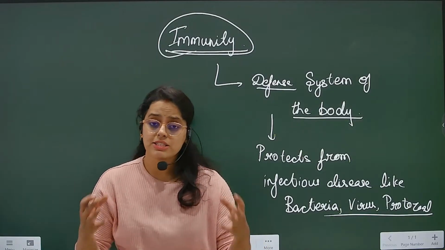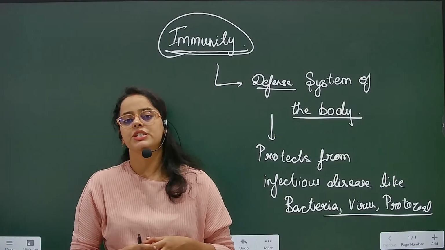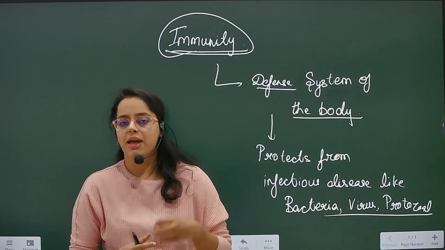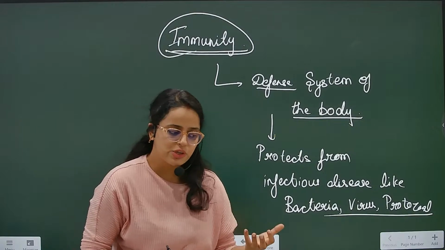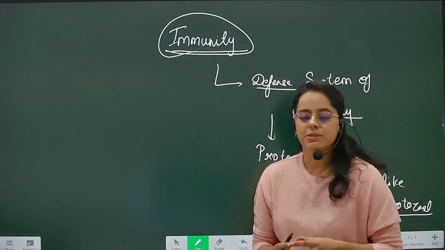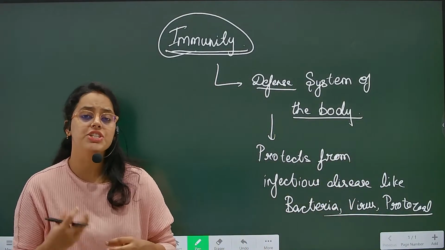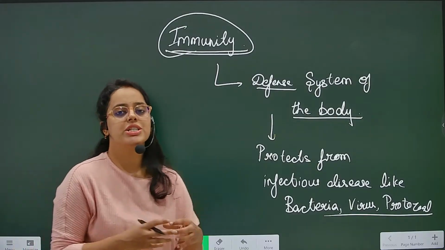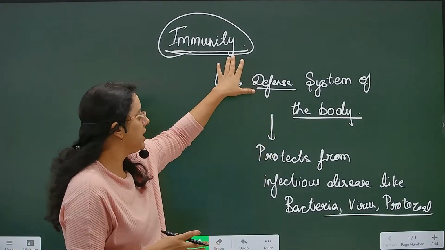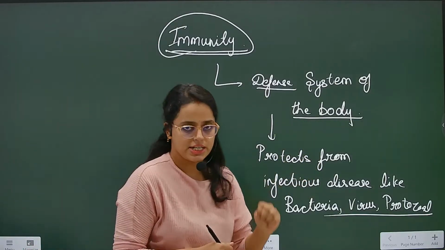This is how our immunity is working against these infectious microbes. Certain microbes don't cause symptoms, but certain microbes are very pathogenic, very infectious in nature, which can cause major diseases. So our immunity protects from those deadly infectious diseases.